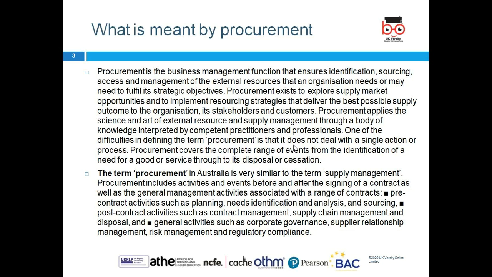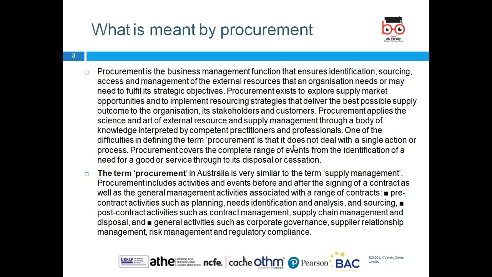So procurement includes the activities and events before and after signing of a contract, as well as the general management activities associated with the range of contracts. Pre-contract activities include planning, need identification, how much is required, where we can buy, and different things.